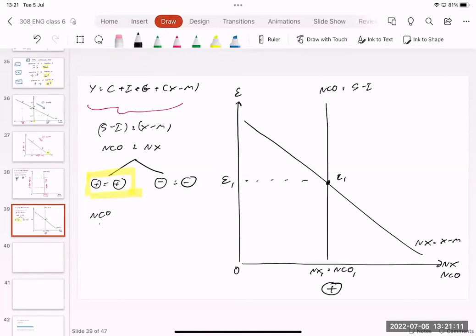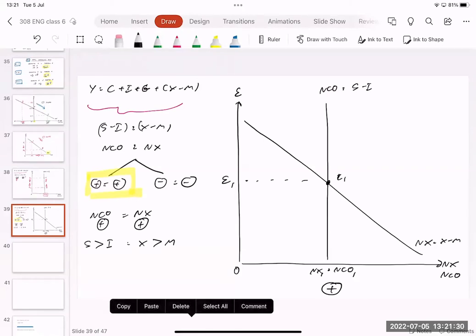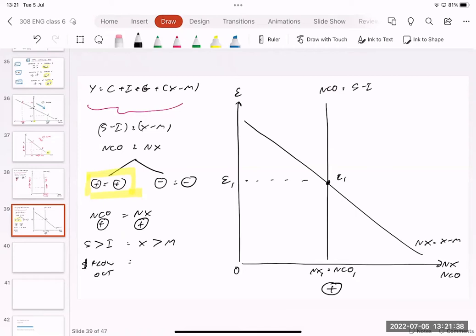If NCO is positive, NX is going to be positive too. It means that saving is going to be greater than investment, and export is going to be greater than import. If saving is greater than investment, what does it mean? People save a lot, people borrow less. We have a lot of money left that nobody wants to borrow, so we're going to lend the money out. On the left side of the equation, the money is going to flow out. How about on the right? Export is greater than import.